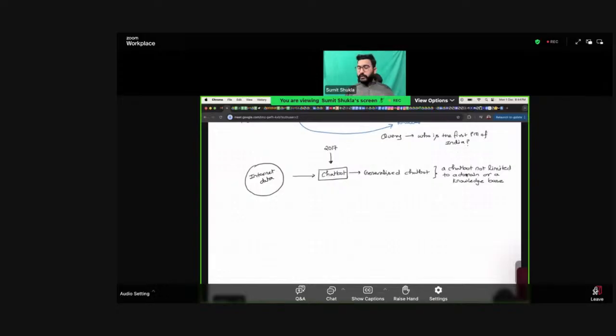And they were looking for methods to train a chatbot on internet data. Why internet data? Because they want to come up with a generalized chatbot which is not limited to a domain. They wanted a chatbot able to answer your questions from any domain and any particular sector, which basically means it should have information about everything, and there is only one such resource which can help with this kind of data, which is the internet data.